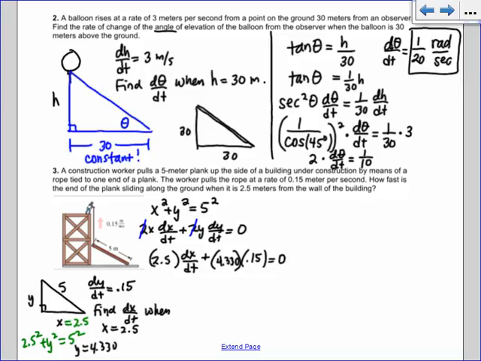I subtract it over, so I do negative answer, and divide by 2.5. So we end up getting dx over dt equals negative 0.260 meters per second. That's our answer. Okay, does that make sense? Usually people like the Pythagorean theorem ones, those are like the easy ones for students.